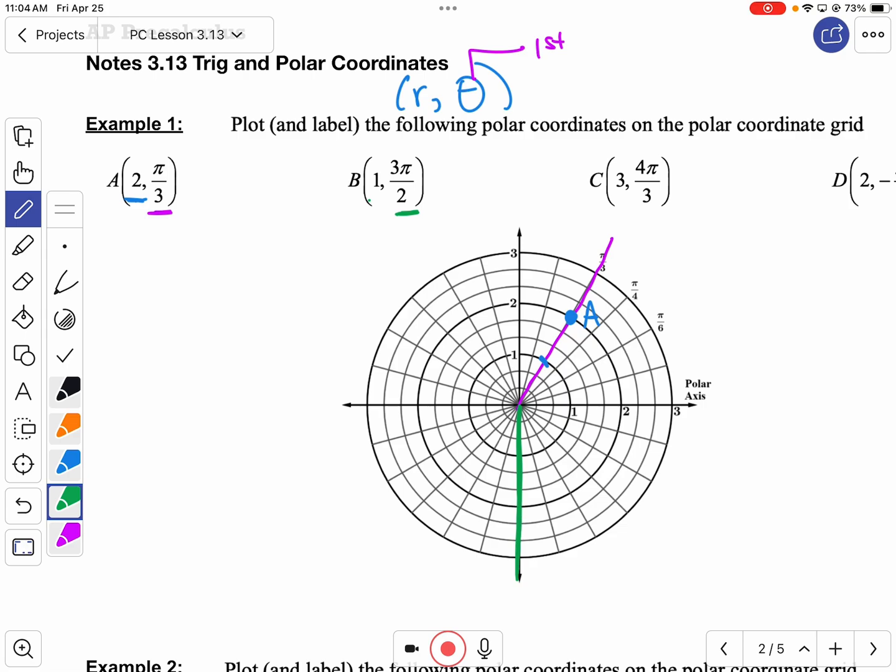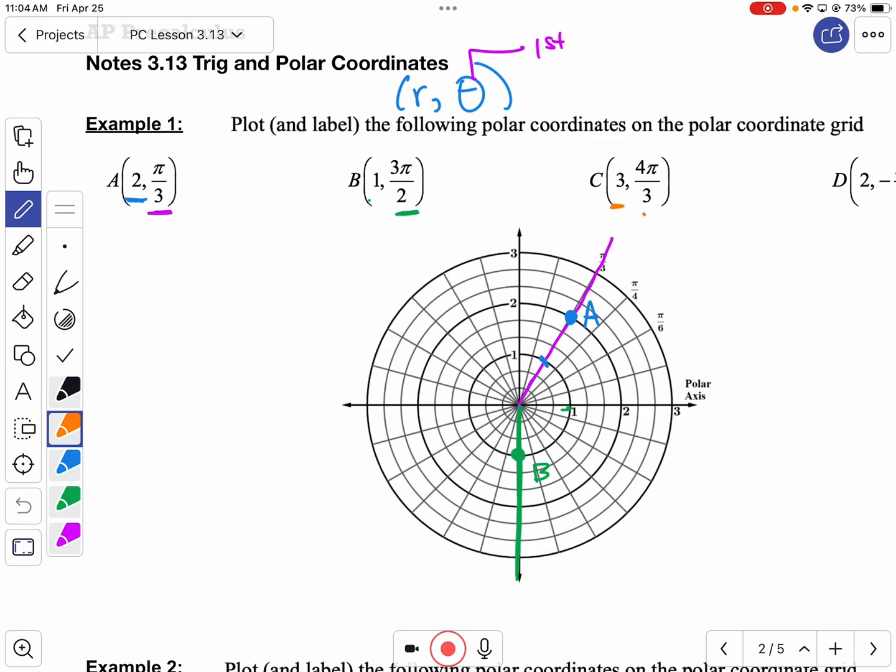But I have to pick the right circle. I want a radius of 1. So I go out to that circle where the radius is 1, and I follow that terminal ray. Positive means it's on the terminal ray, on the pole.